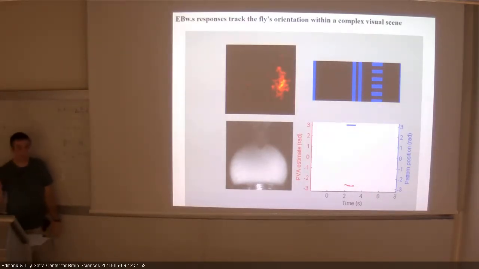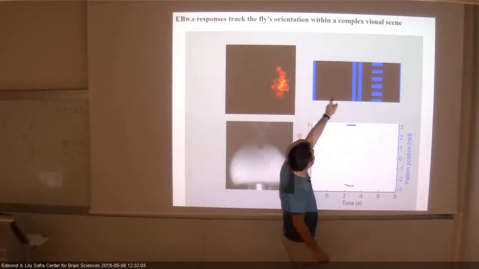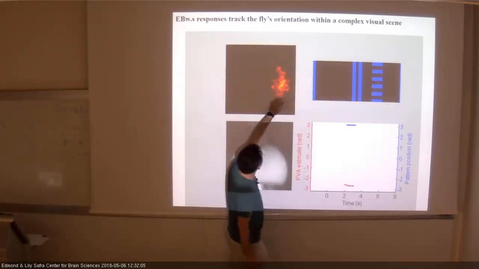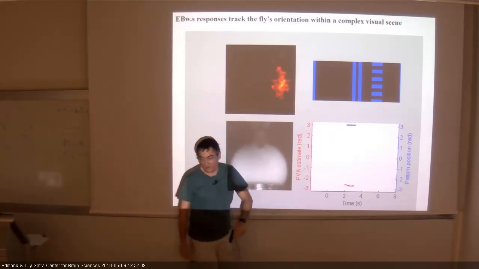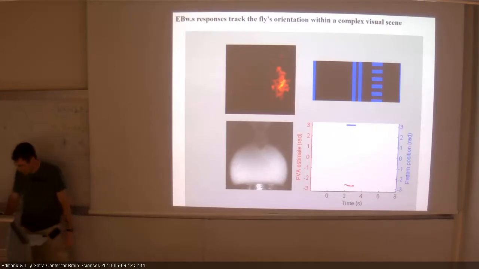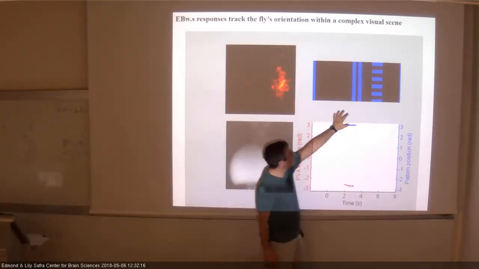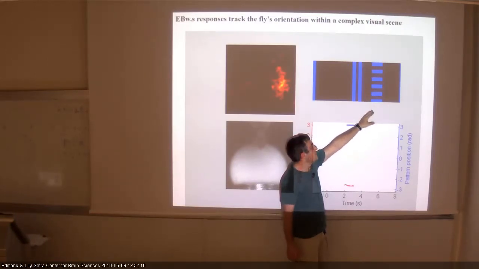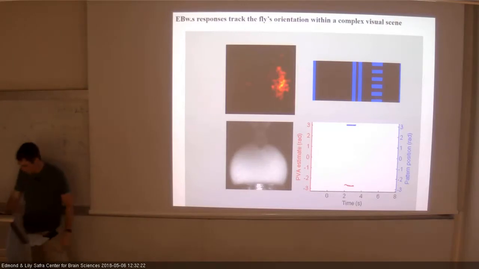And if these are just sensory neurons, we expect that each of these bars will elicit its own pattern of activity in this ellipsoid body. But it turns out that this is not the case. The animal responds to the location of the stimulus irrespectively of the fine details of the stimulus. And this is how it looks.